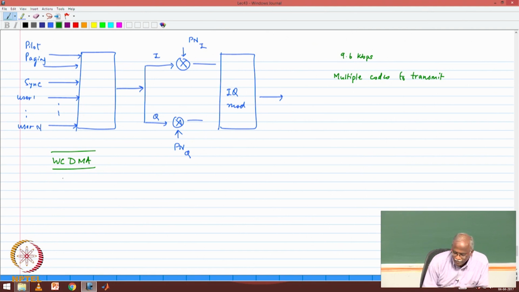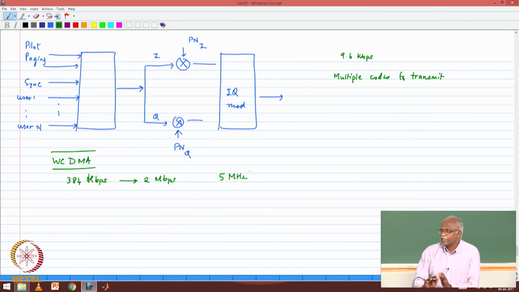They said that a wideband CDMA system will support anywhere from 384 kilobits per second to 2 megabits per second. So again, the bandwidth that is used is a 5 megahertz channel. Therefore, there is room for spreading. But how are we going to support these data rates? So here is the proposition.